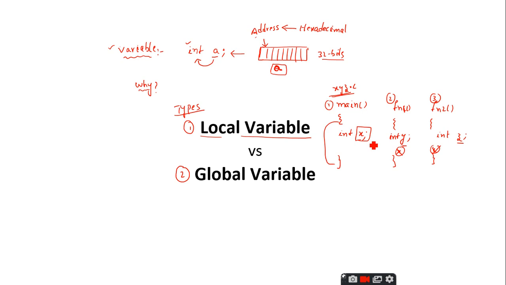So the local variables are those variables that are declared inside the function and they are accessible within that particular function only in which they are declared. Very, very, very important point. Similarly, if you consider y, it is local to function 1, and this is the variable which can be accessed from here to here only. Not here to here, but from the point where it is declared, from here to here, right?